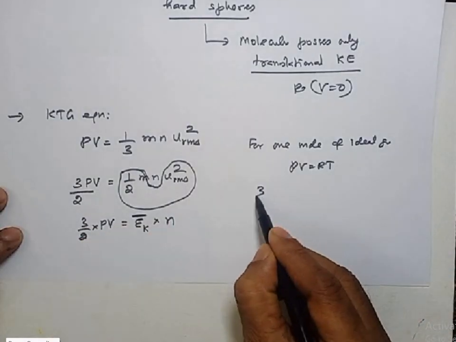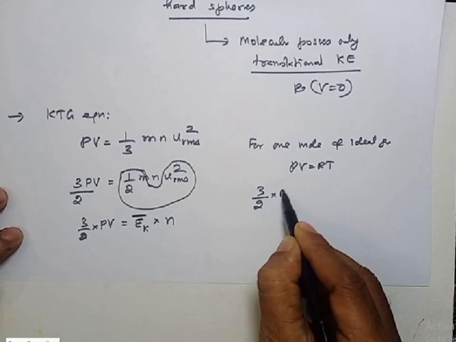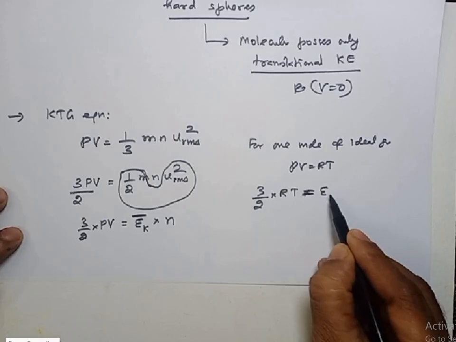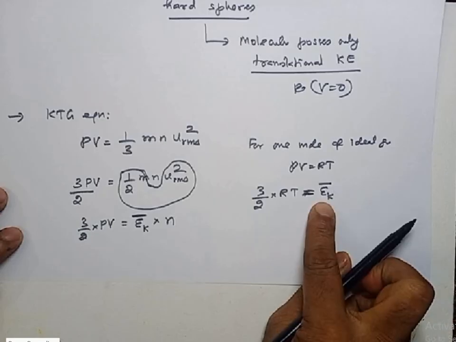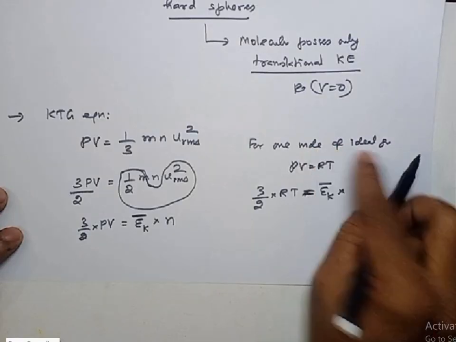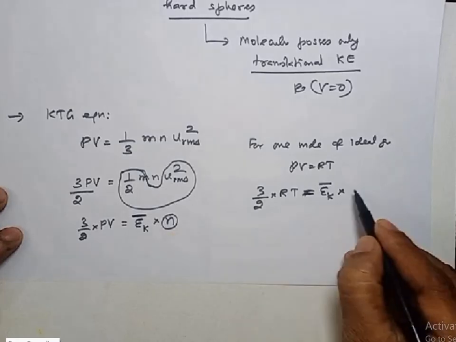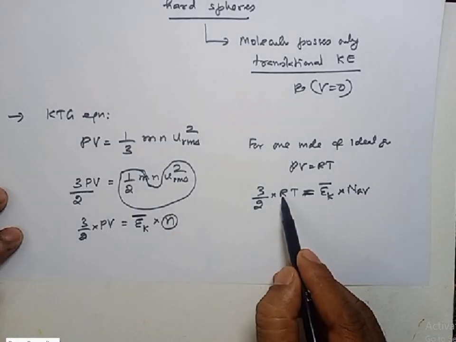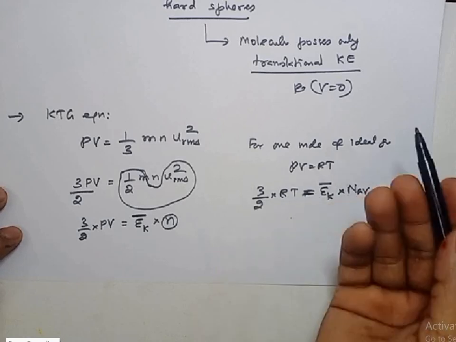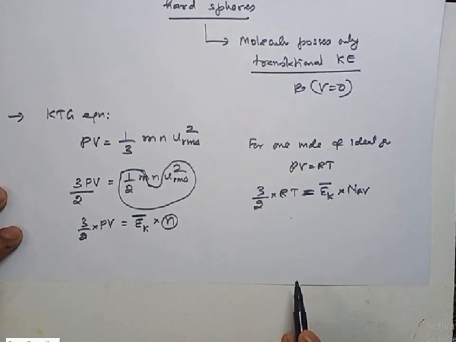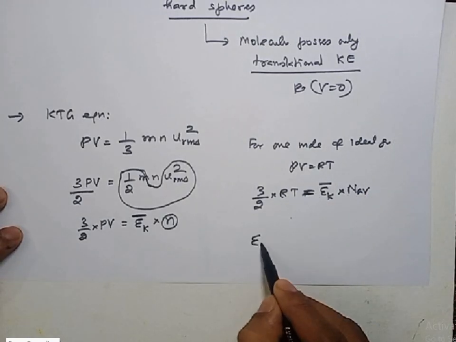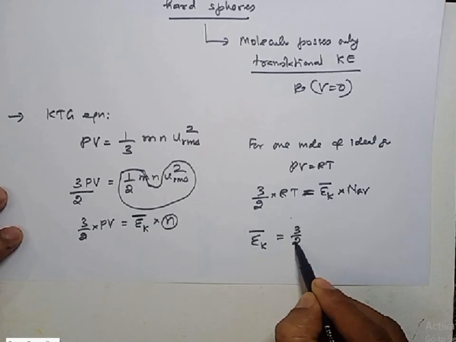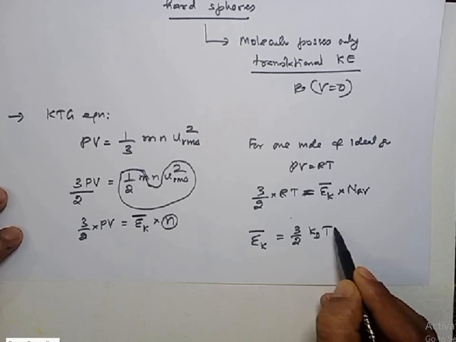So what we get is 3 by 2 into RT equal to average kinetic energy per molecule into N. Since we have taken 1 mole of gas, N is nothing but the Avogadro number. If you bring this Avogadro number here, R by Avogadro number is the Boltzmann constant. So average kinetic energy per molecule is equal to 3 by 2 kB into T.